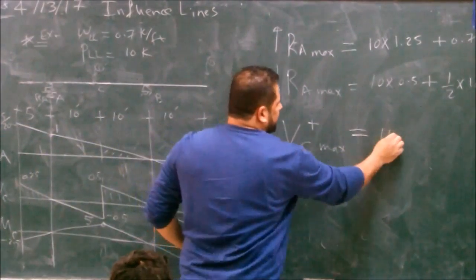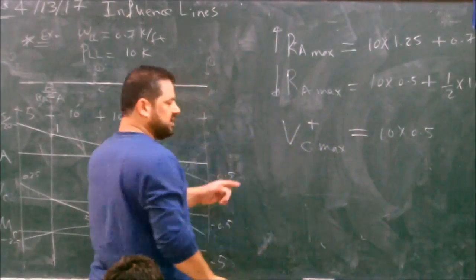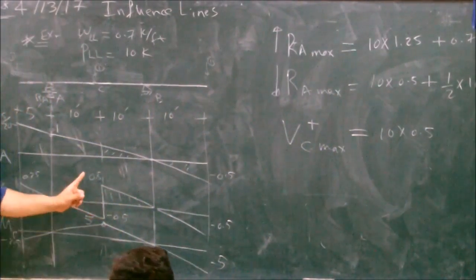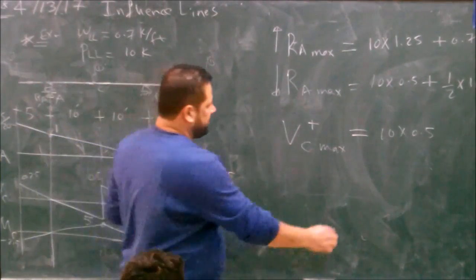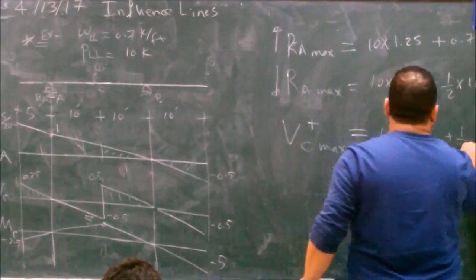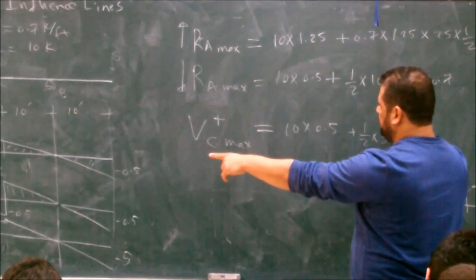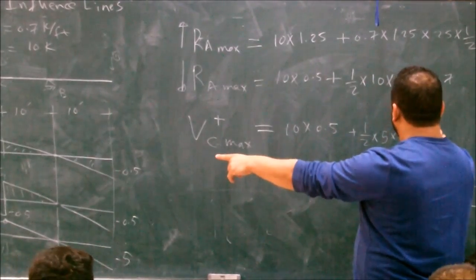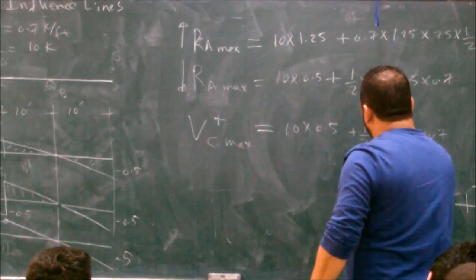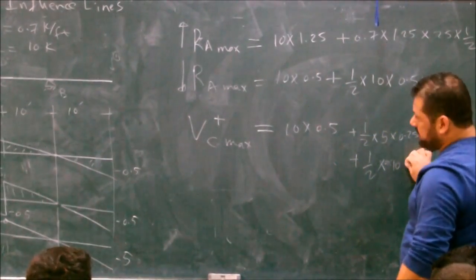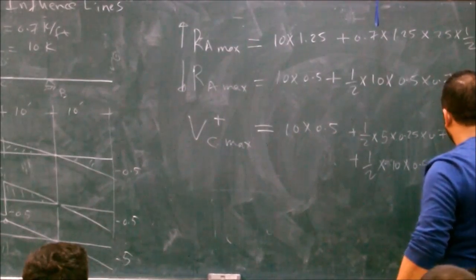Maximum ordinate. 10 times 0.5 directly. The 10 times the ordinate. Plus half times, start with the first one, 5 times 0.25 times 0.7. Plus half times 10 times 0.5 times 0.7.